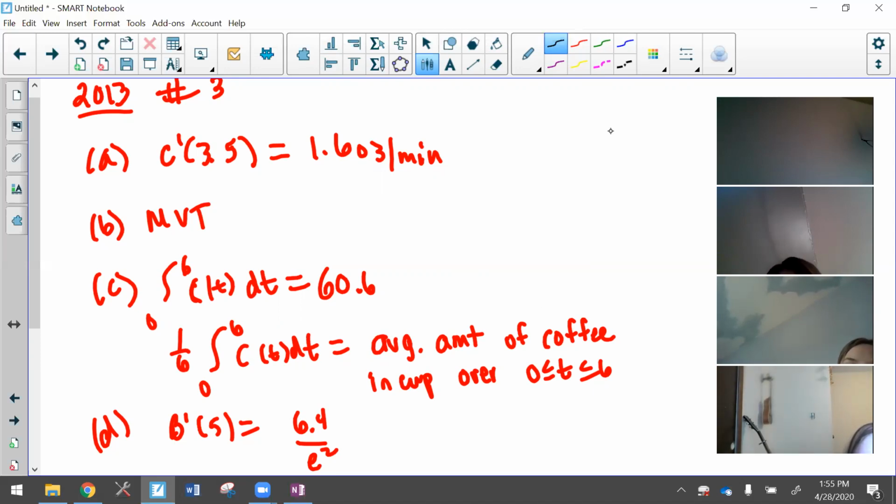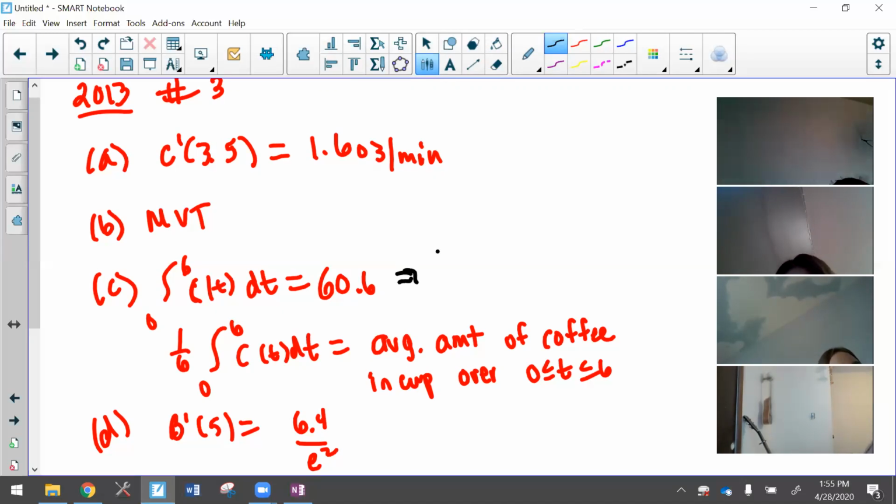So part C says, use a midpoint sum with 3 subintervals of equal length indicated by the data in the table to approximate the value of, oh, I'm sorry, I guess I didn't write the whole answer there.